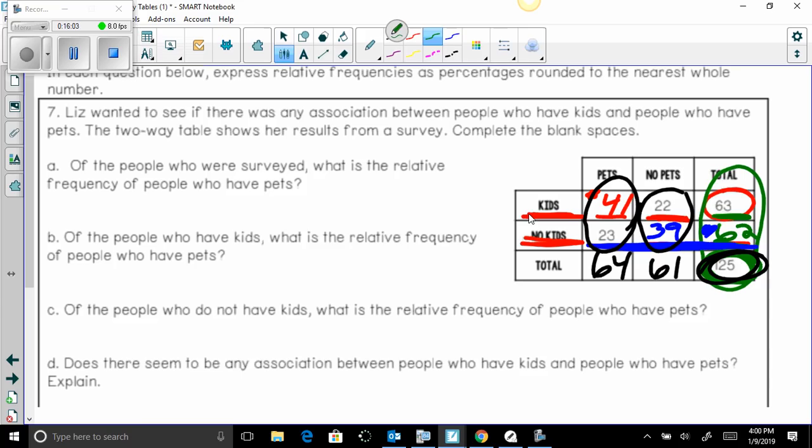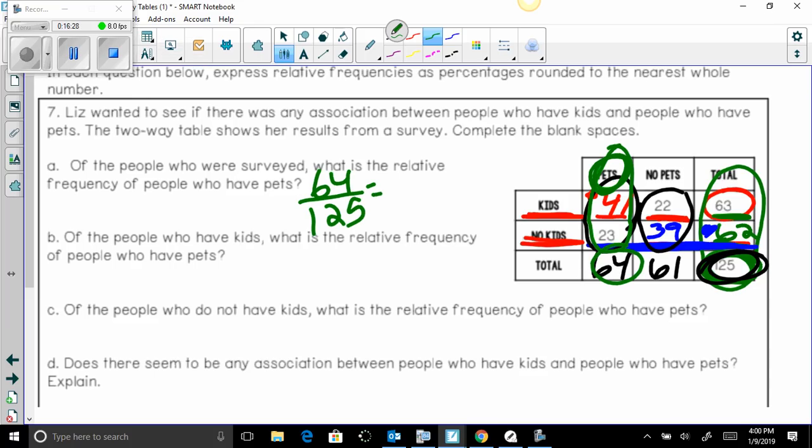So let's go ahead and answer our questions. Of the people who were surveyed, what is the relative frequency of people who have pets? So my pets column is right here. It is a column, so go down. How many total people have pets? 64. Out of how many total surveyed? 125.